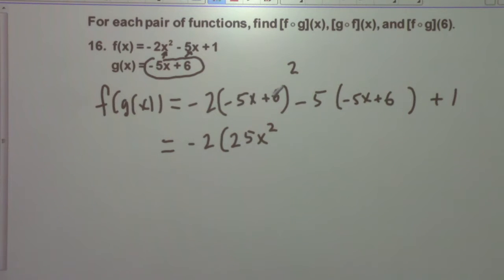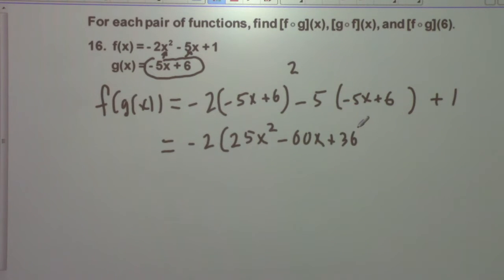And then in expanding a binomial, we haven't done binomial expansion this year, but for the second term, it's going to be 2 times that times that. So what's 2 times negative 5? So negative 10 times 6 is negative 60. So this could be negative 60x. And then what's 6 squared?